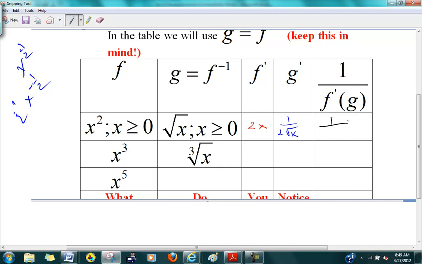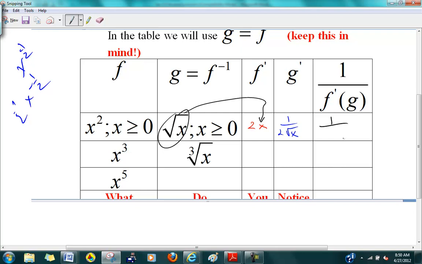So remember, f prime is 2x and g is square root of x. All you need to do is take this, shove it in here, and take the reciprocal. 2x. 1/2x times square root of x. No, you're going to substitute.